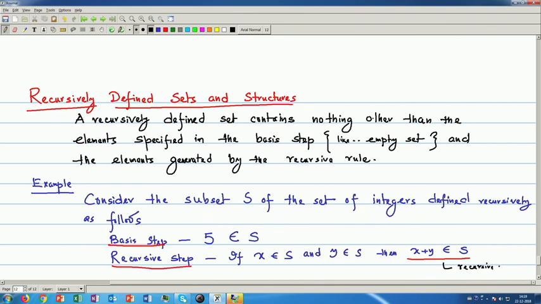As already mentioned, my set S consists only of the initial element or elements defined by the basis step, that means 5, and the newly generated elements by the recursive rule.